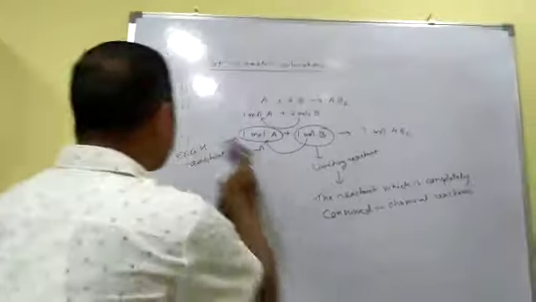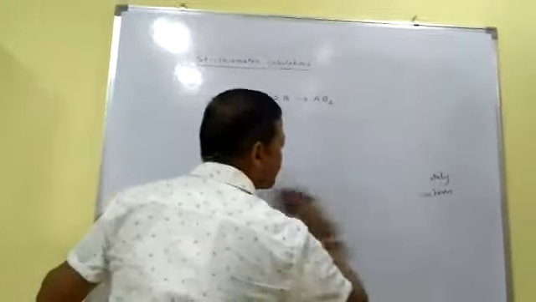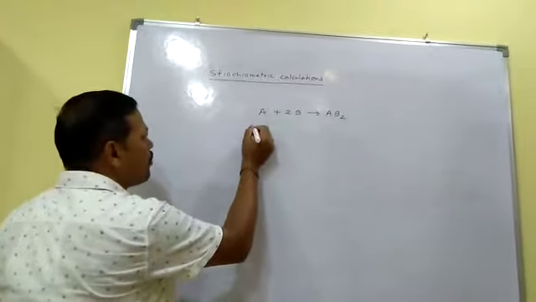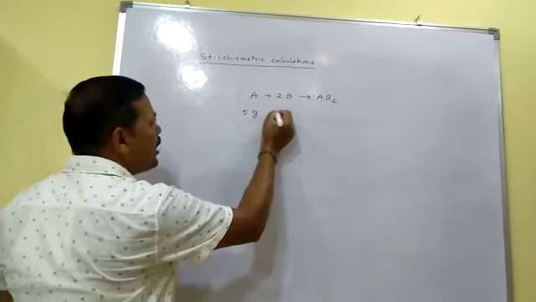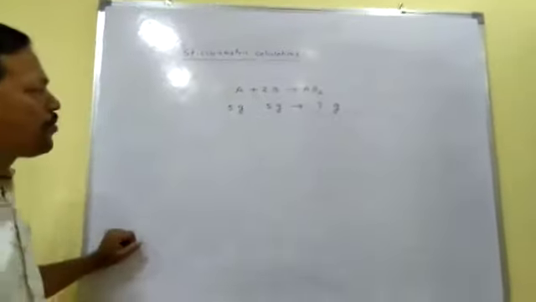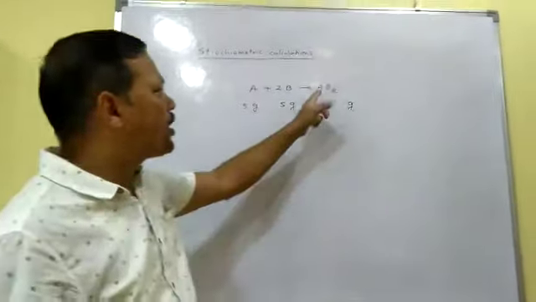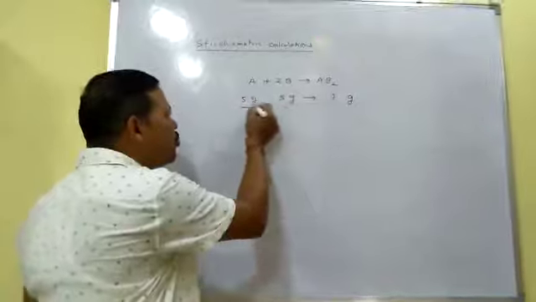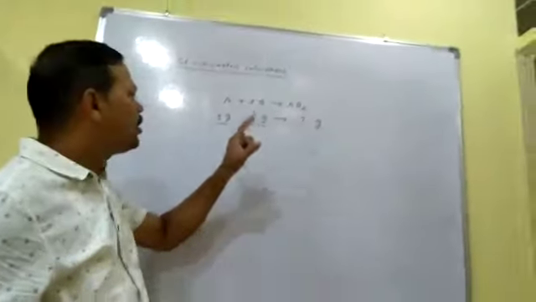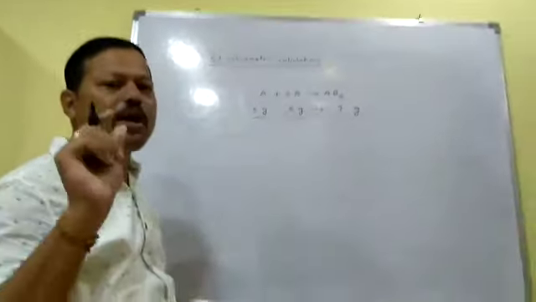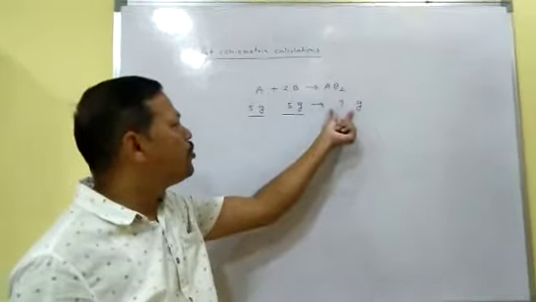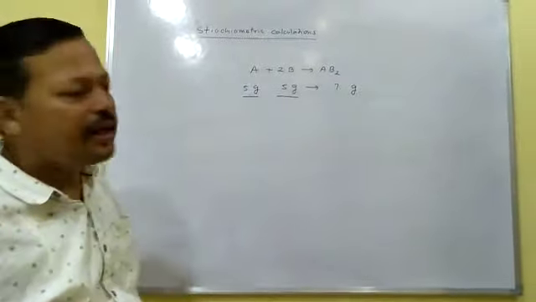Now suppose in this reaction the question is given like this: 5 gram of A reacts with 5 gram of B, how many gram of AB2 will be produced? Since the amounts of both reactants are given, first you have to find out who is limiting, A or B. After determining that, you find the amount of AB2 only from the limiting reactant.